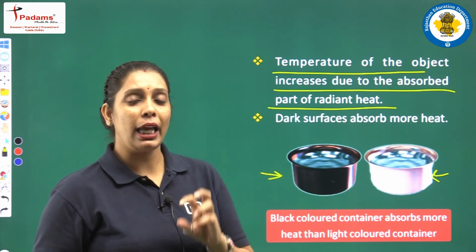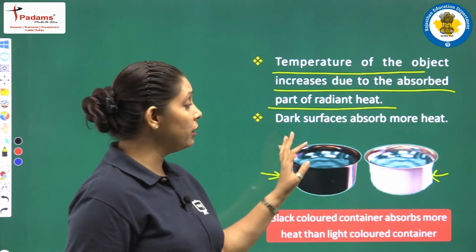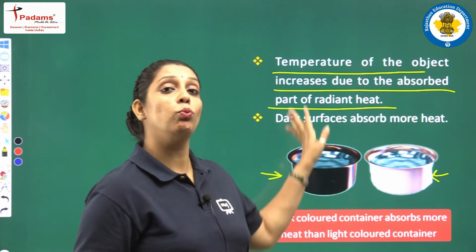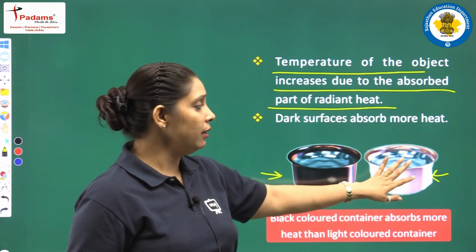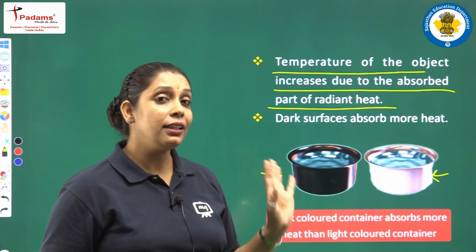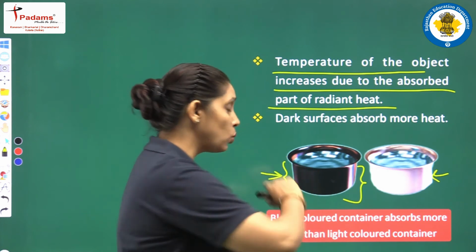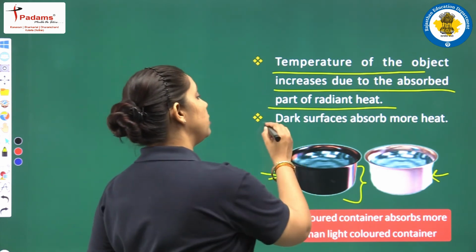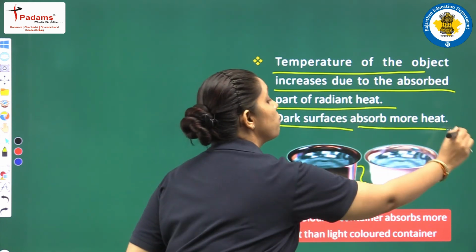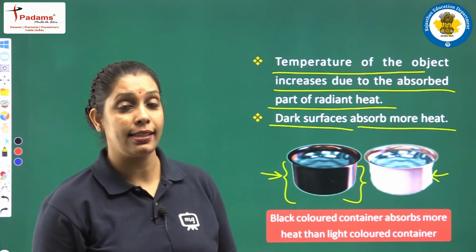बेटा, after some time we will observe that the water in the black container is more hot than the white container. It is just because of that black color. So the dark surfaces absorb more heat.